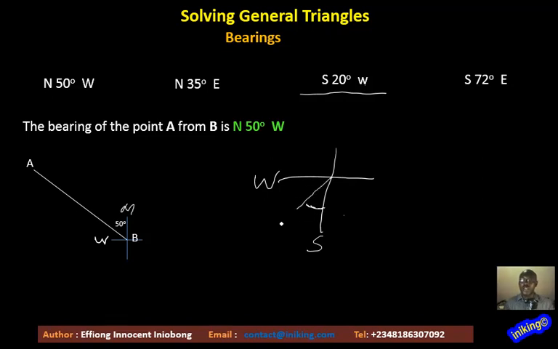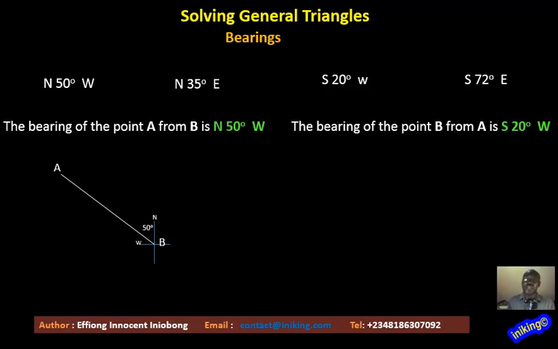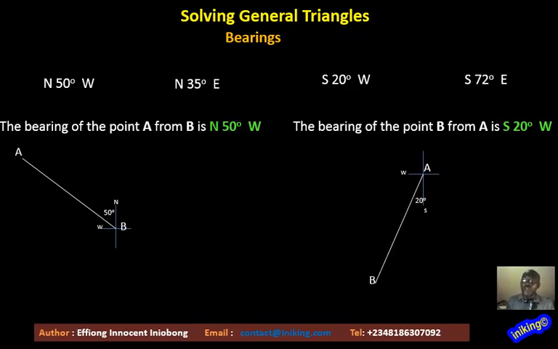And then that's the line, because it's a little bit bigger than 20. But that's the direction we are looking for. So let's put that out. The bearing of B from A is S 20 degrees west. So that's the 20 degrees west of south, 20 degrees from A west of south.